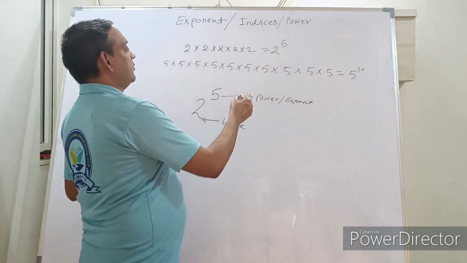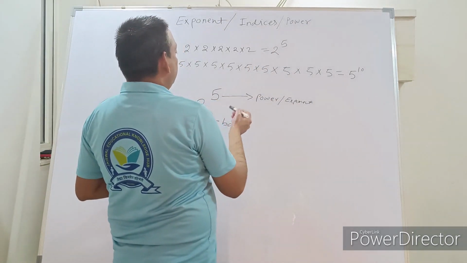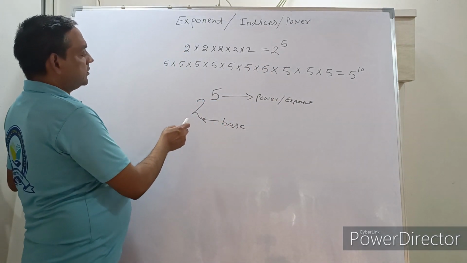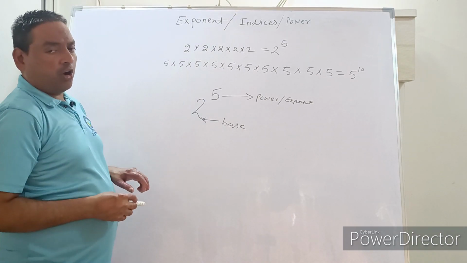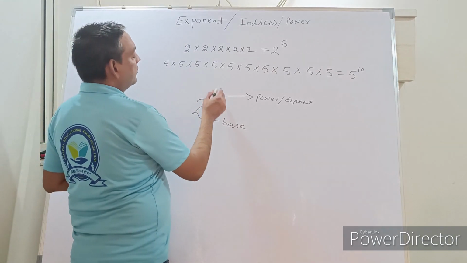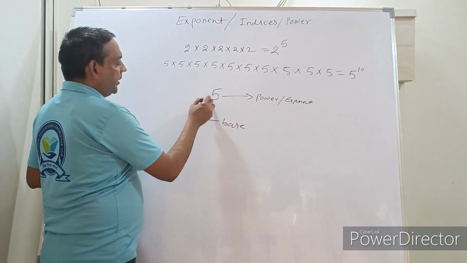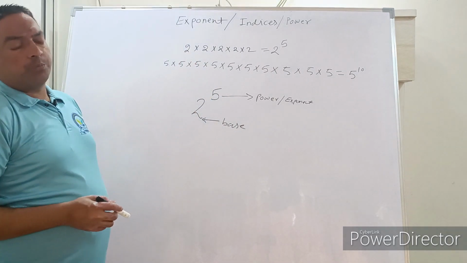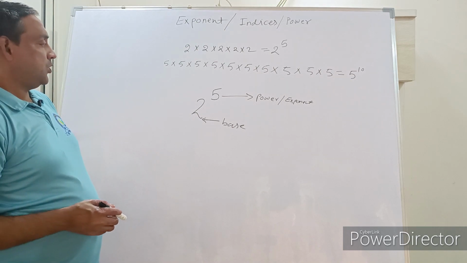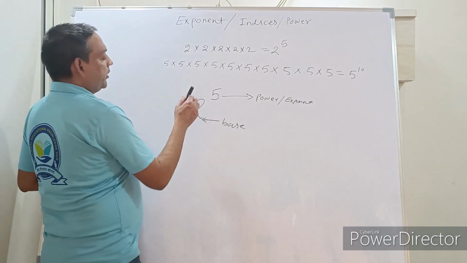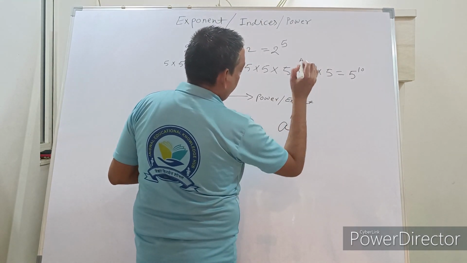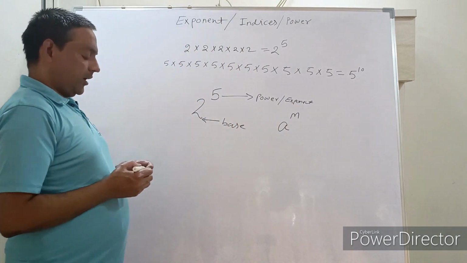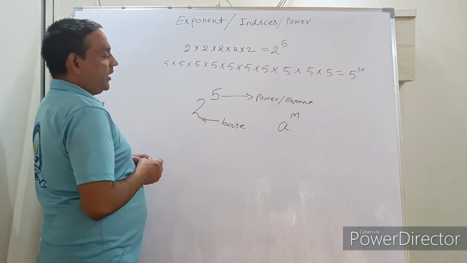Okay, so once we get this, the first thing, we read it as 2 raised to 5 or 2 to the power 5, where 2 is the base and 5 is the power or the exponent. This is always on the top, like a raised to m, a to the power m.